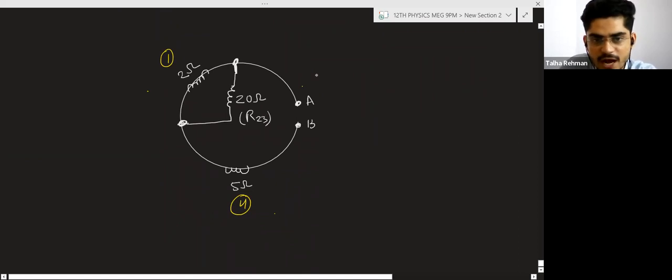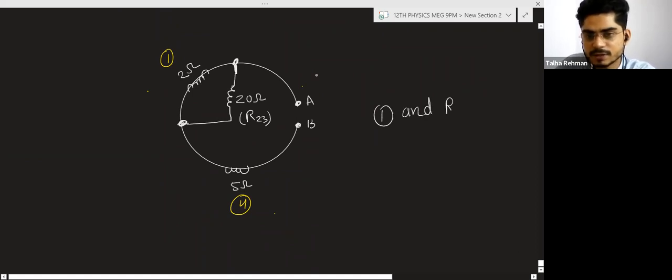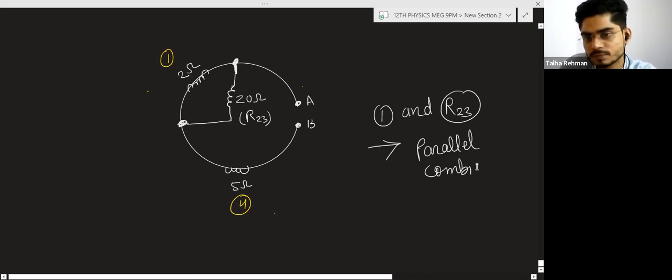And see here, R23 and R1 are connected end to end. End to end connection is there, in between the 20 ohm and the 2 ohm. So you can write, this is a parallel combination.